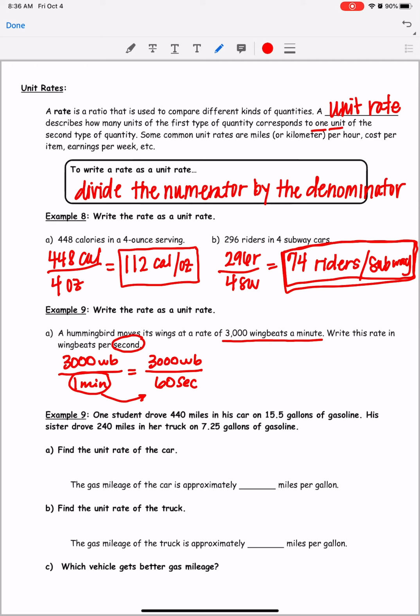And now I can divide. So 3,000 divided by 60 gives me 50. So that means I have 50 wing beats per second.